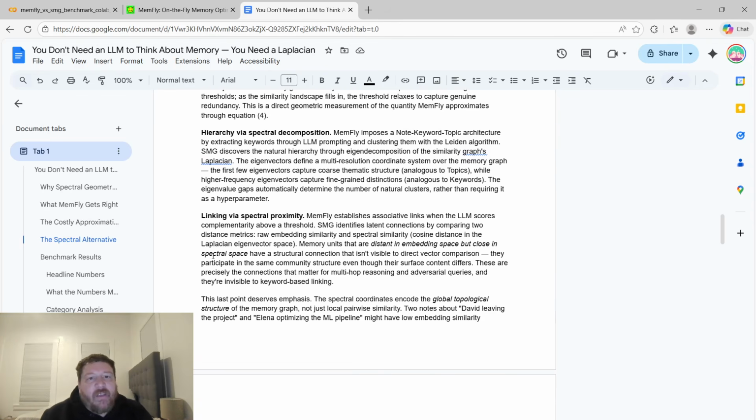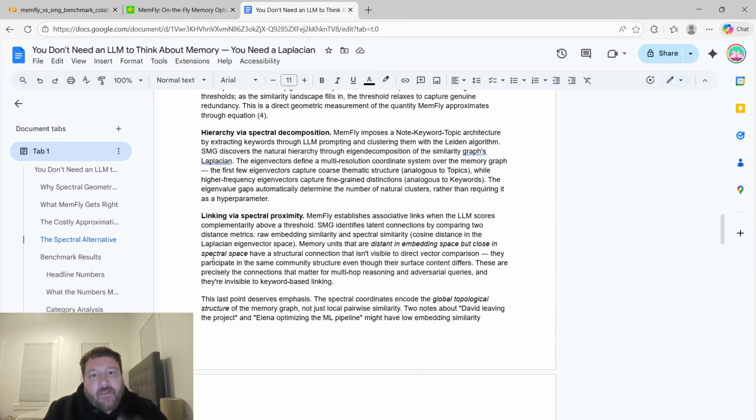Second, hierarchy via spectral decomposition. MemFly imposes a note, keyword, topic architecture, extracting keywords through LM prompting and clustering them through a specific algorithm. SMG instead discovers the natural hierarchy through the spectral decomposition of the similarity graph's Laplacian.